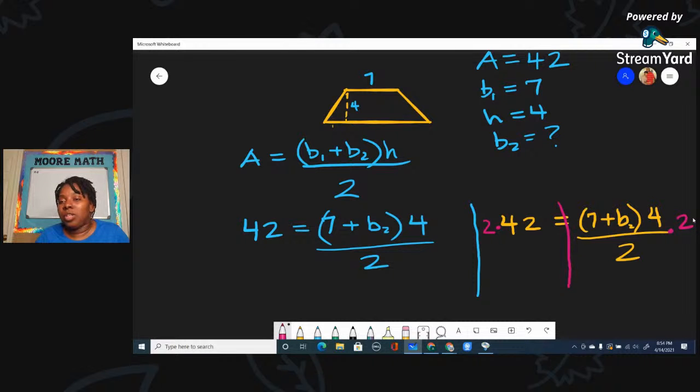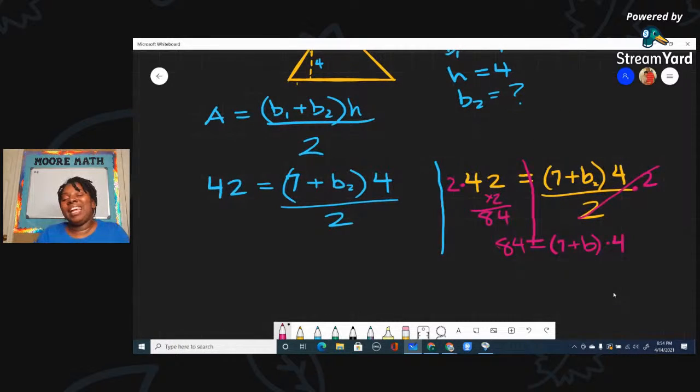That gets rid of the division and the 2. So now I'm left with 7 plus b times 4 equals, what's 4 times 2? 2 times 2 is 4, 4 times 2 is 8. So we have 84.